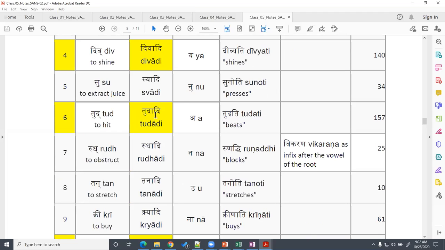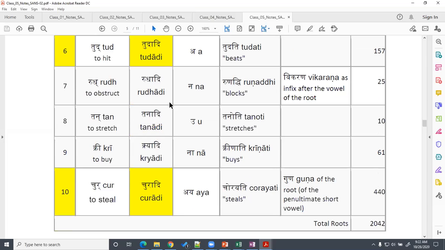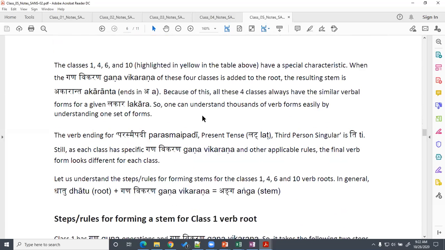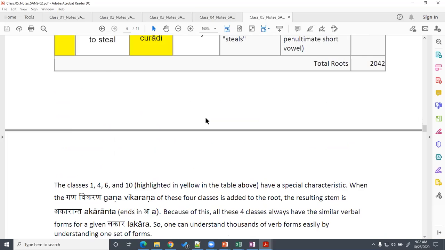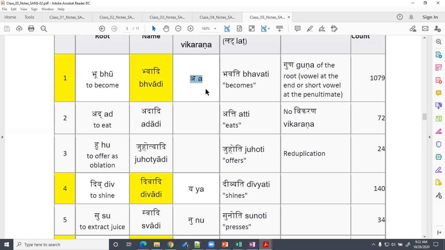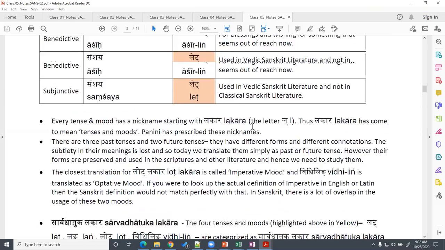So that's what I told you, that the further chapters of the book are pretty heavy in the verbal forms of the different tenses and moods, as well as the different classes of the verbs. So why are the roots divided into classes? Because there is a vikarana, the special suffix or infix, that comes between the verbal root and these endings which we saw.